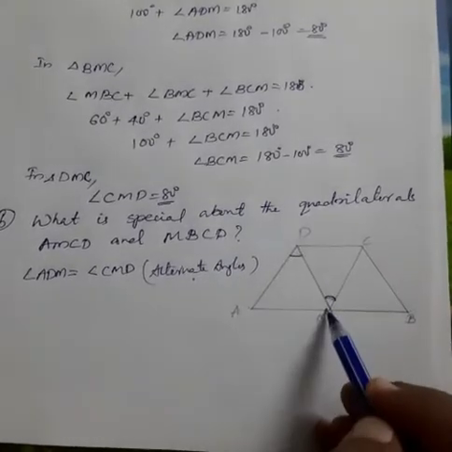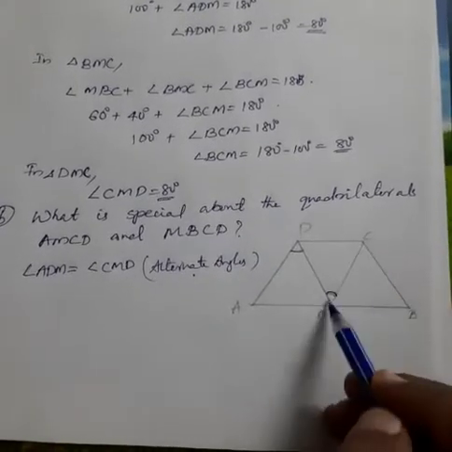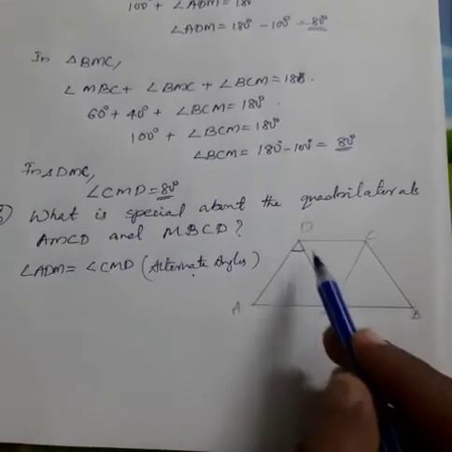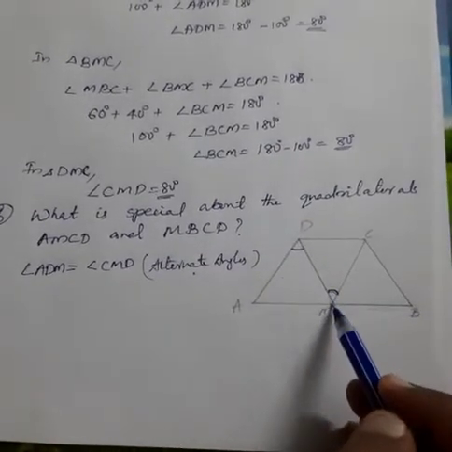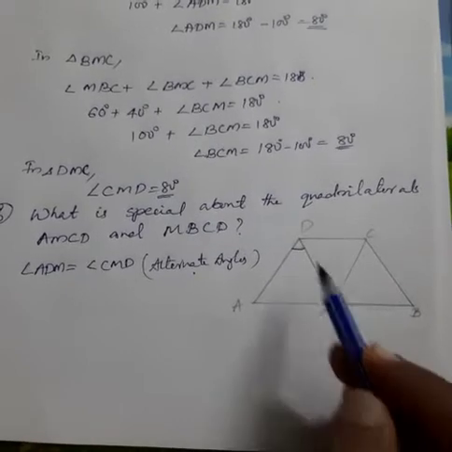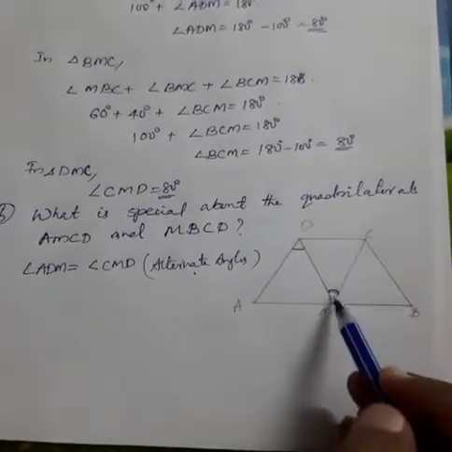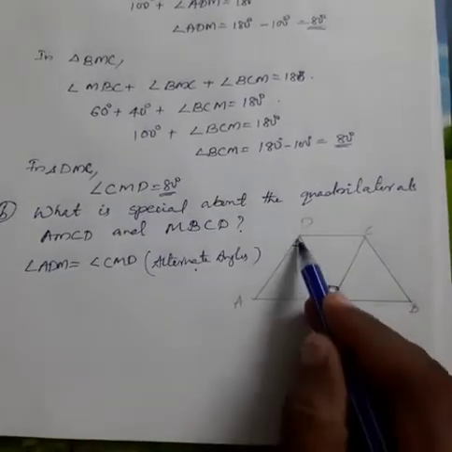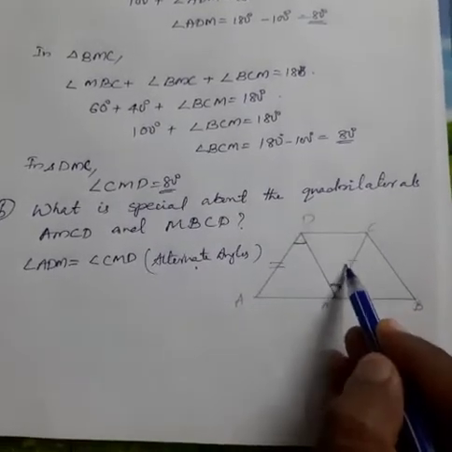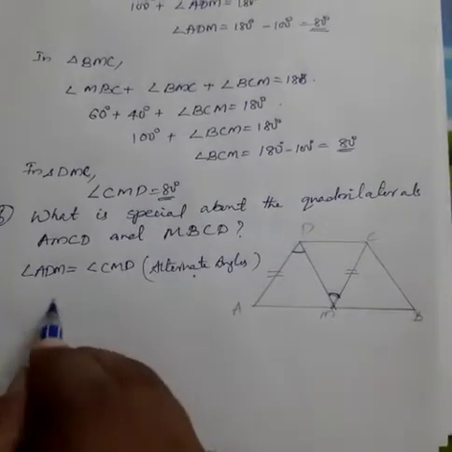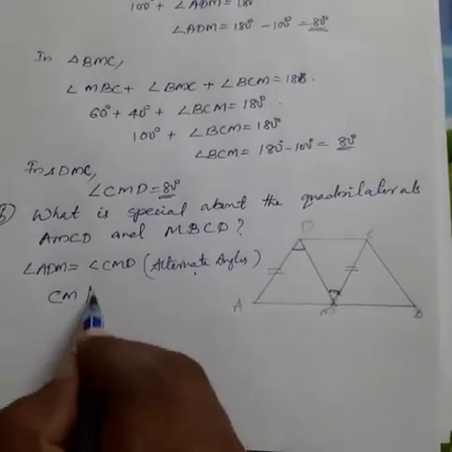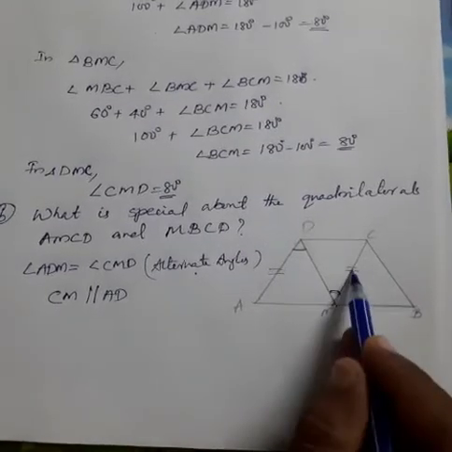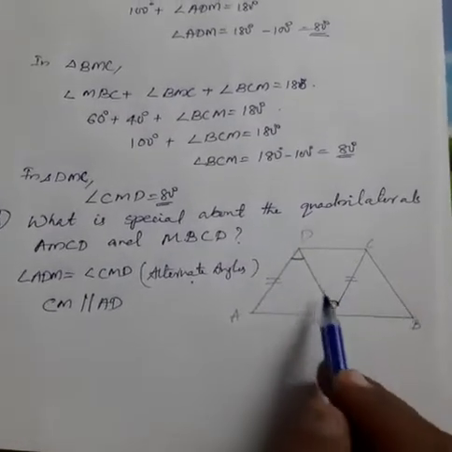Angle ADM and angle CMD are the alternate angles made by the line MD meeting the pair AD and MC. So this line and this line are parallel. So you can write CM parallel to AD, and these two are parallel and these are alternate angles.